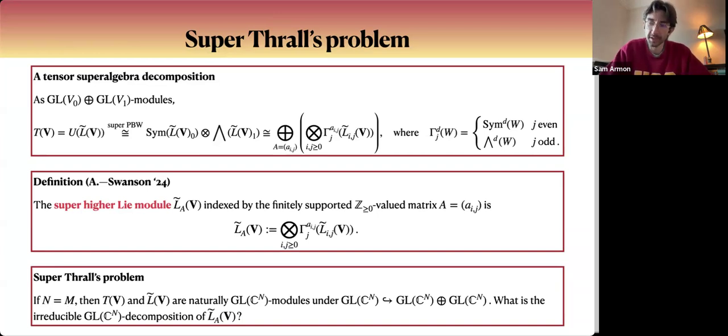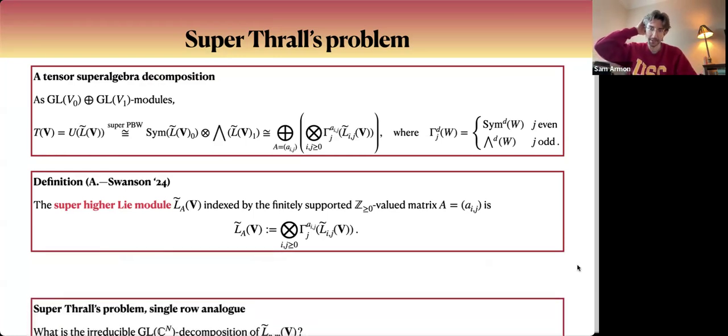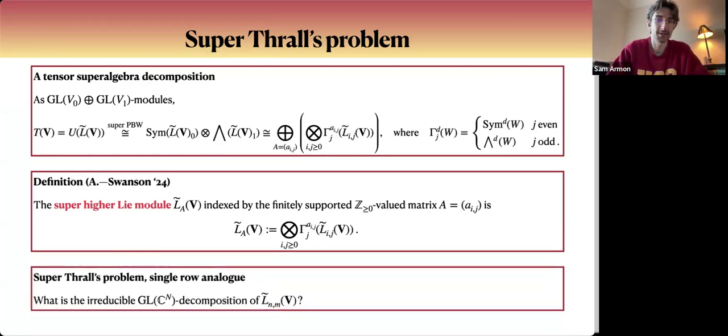So the natural extension is to ask what's the irreducible GL decomposition of these, what we call super higher Lie modules. But just like in the classical case, this appears intractable. Maybe we've even made it more intractable. But what we can ask is, well, the single row case in the classical setting was known. Maybe we can lift that result to the super setting. And that's exactly what we want to do.